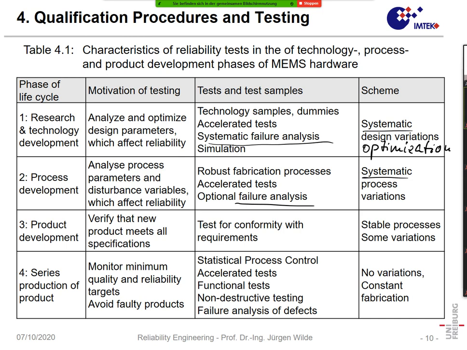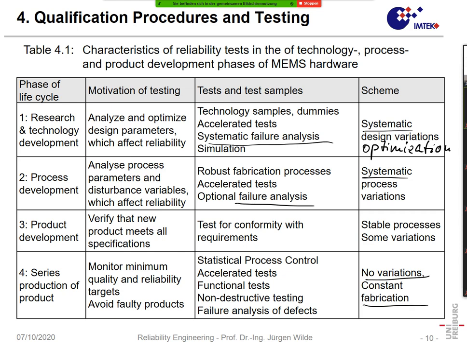And it's similar in series production. Here you only take certain samples in order to know that all is fine. Also here you do accelerated test. You do not want to waste your money with too much testing. You just want to be sure that what you get out of series production has no crucial defects and is of standard quality, so you have no variations.